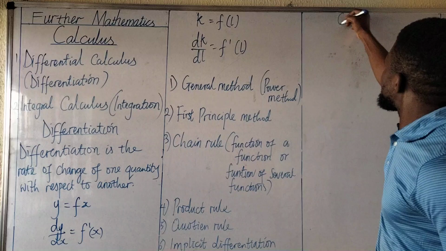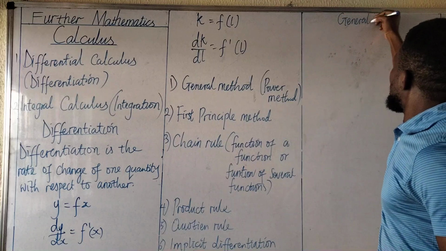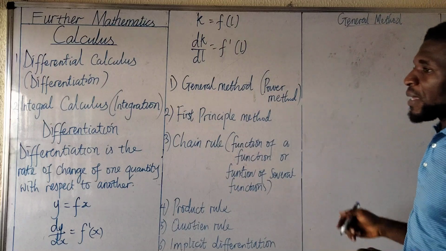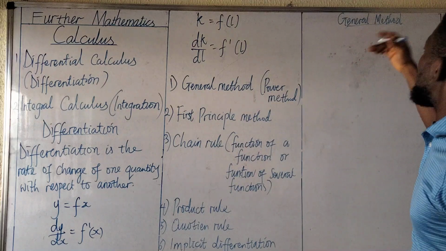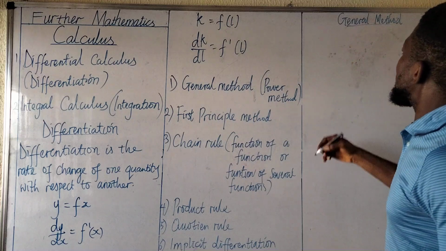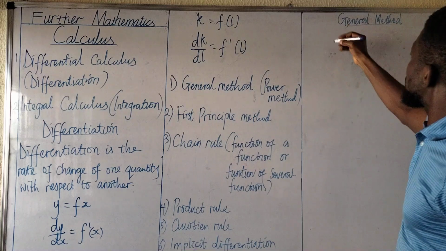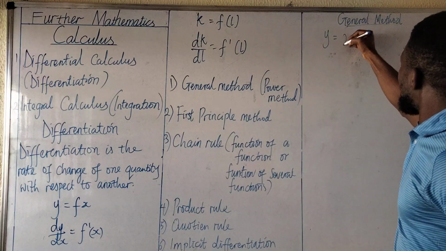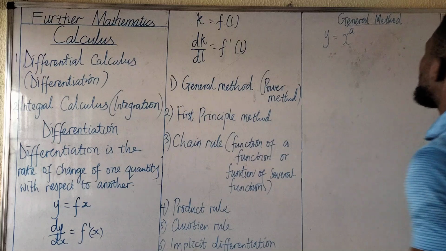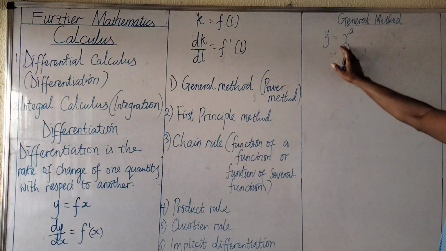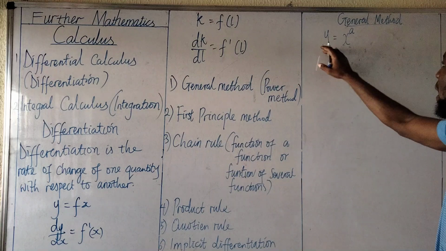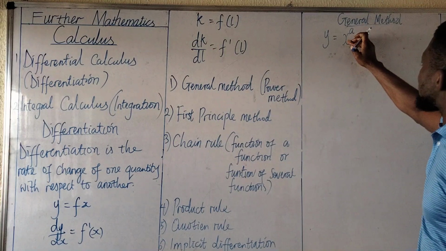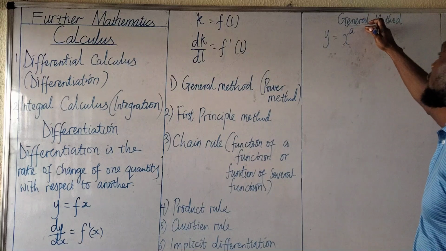So general method of differentiation. What is the idea behind this general method? The idea behind this general method is as simple as that. Let's have our function as y equal to x raised to the power a. Okay? The idea here is if you differentiate y with respect to x, this power a will multiply the base x and 1 will be subtracted from the same power a.